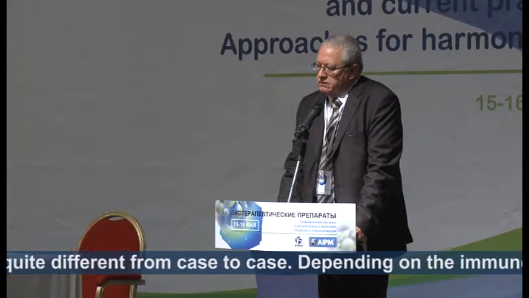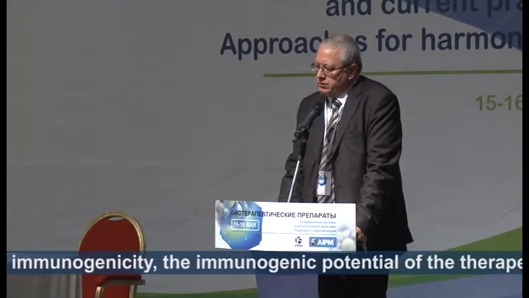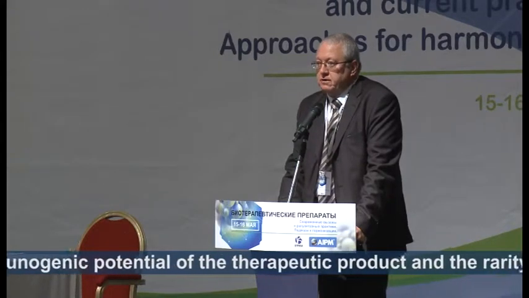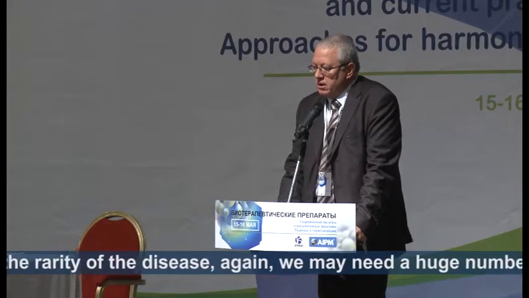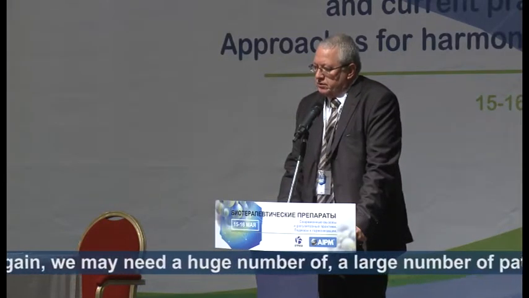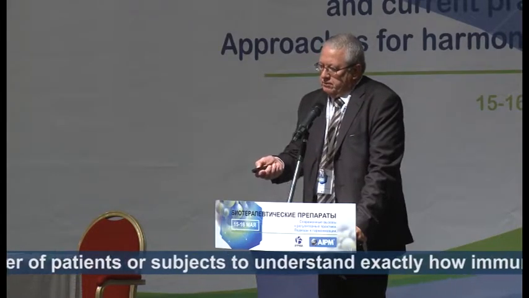Depending on the immunogenic potential of the therapeutic product and the rarity of the disease, again, we may need a large number of patients, of subjects, to understand exactly how immunogenic the product is.